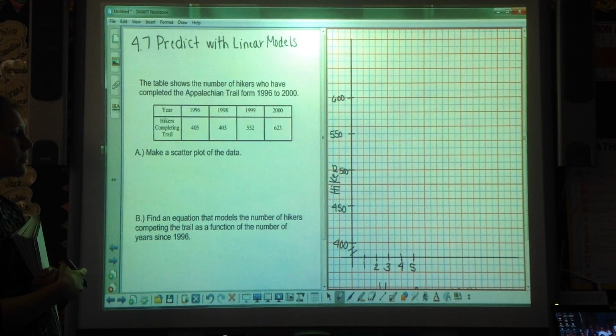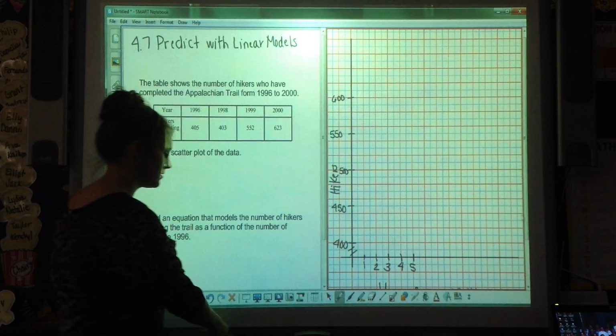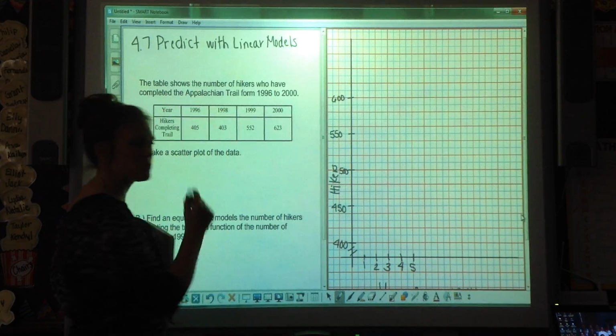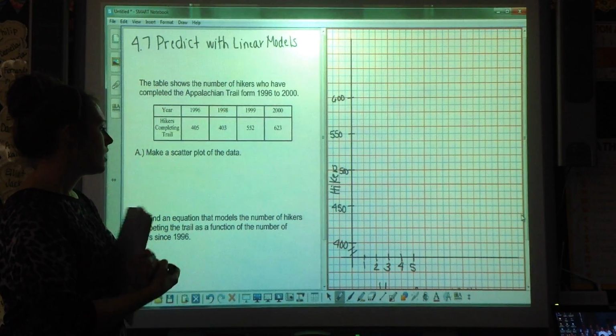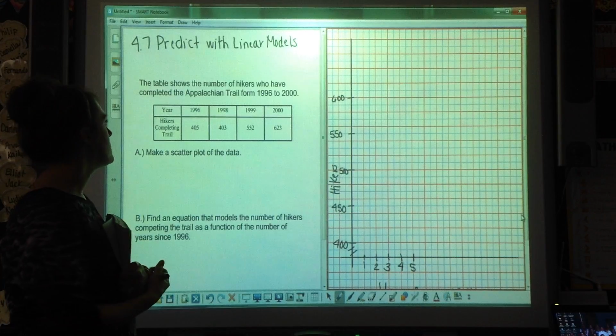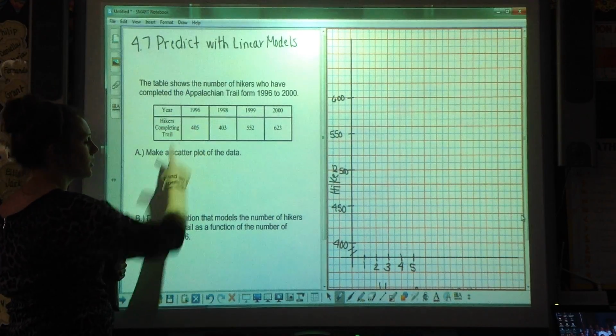Now I can plot my ordered pairs. I'm going to use green so you can see it. Our first ordered pair is 1996, 405.